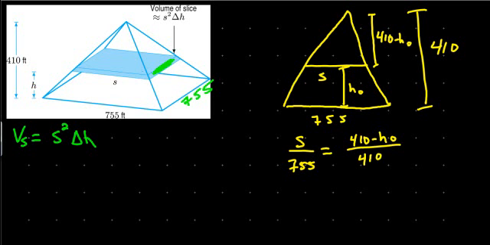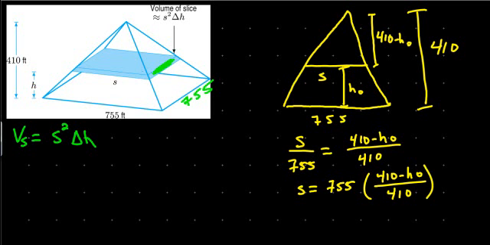So we get that s equals 755 times 410 minus h naught over 410. Okay? And we could do some reductions there. I'm just going to hold off.